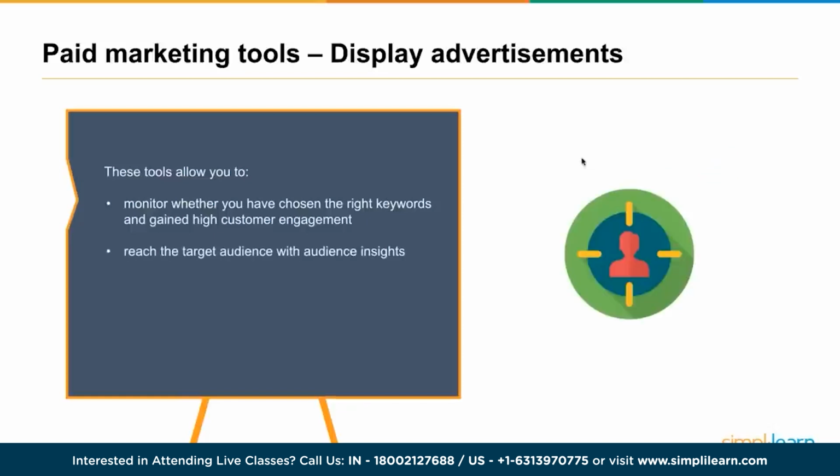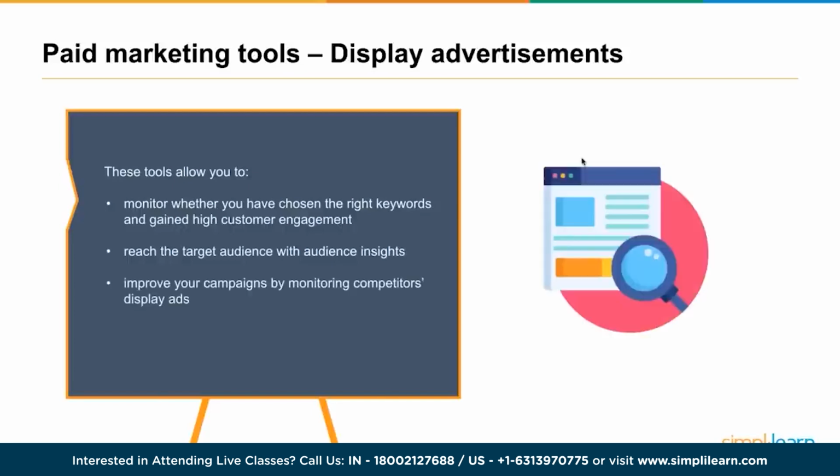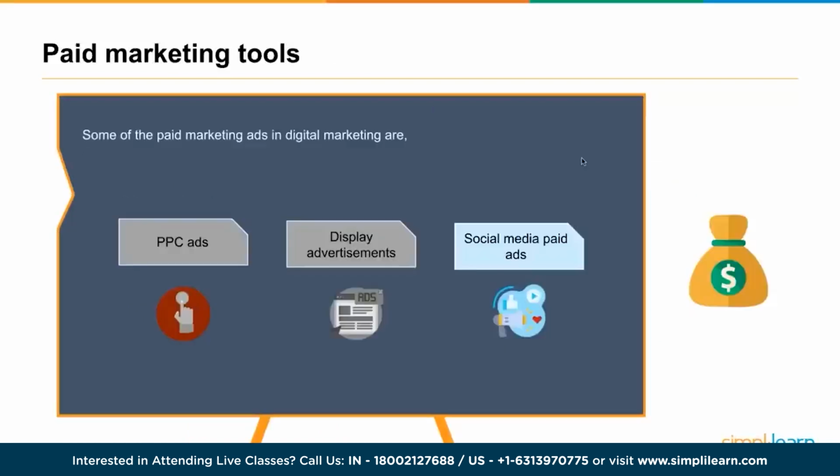That means looking at not only audience insights, but our target insights as well. Are we reaching the right audience when it comes to display? Google has a good breakdown that I'm going to show you here in a couple of minutes. We also want to improve our campaigns by monitoring our competitors' display ads. There are tools available that'll help you do that, and that's on the display side.